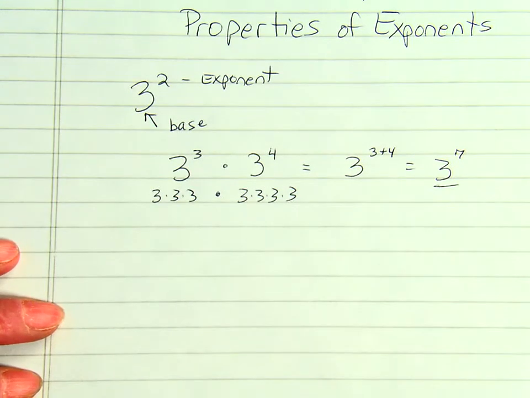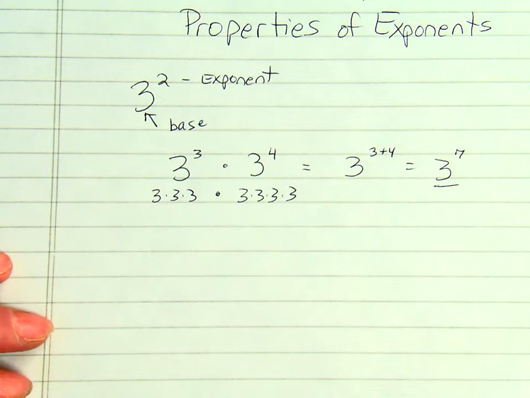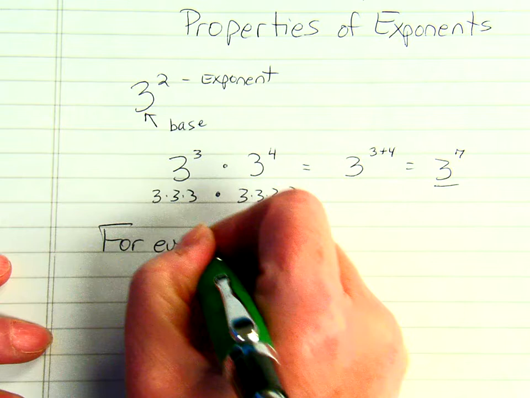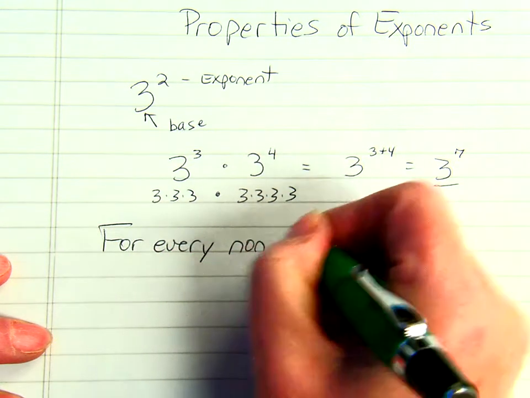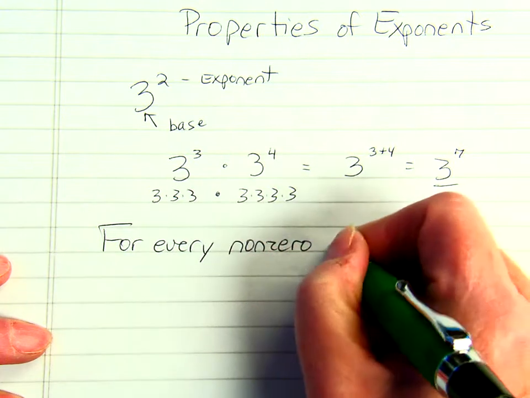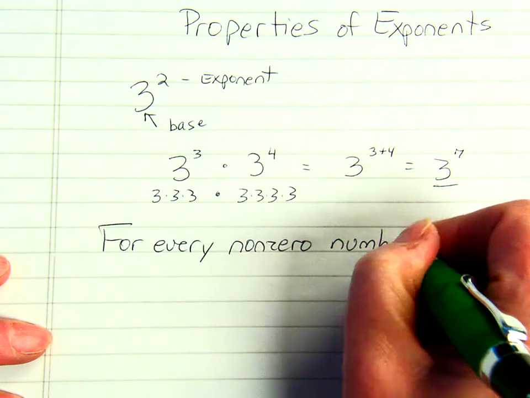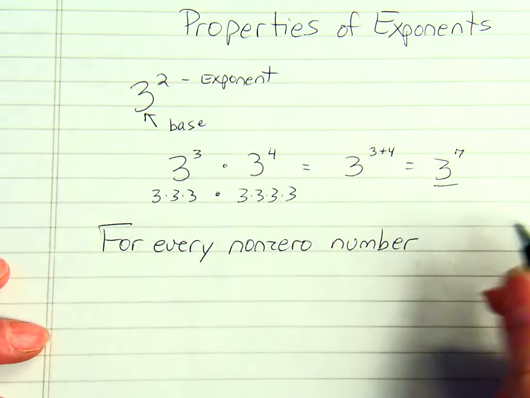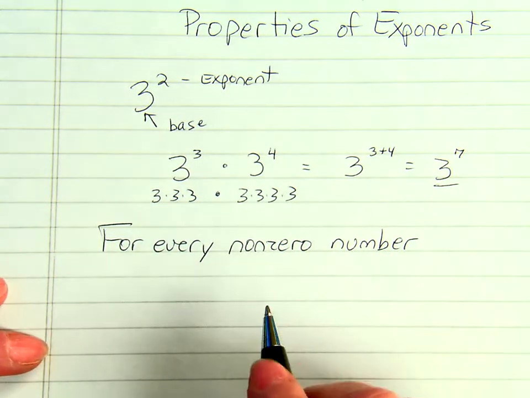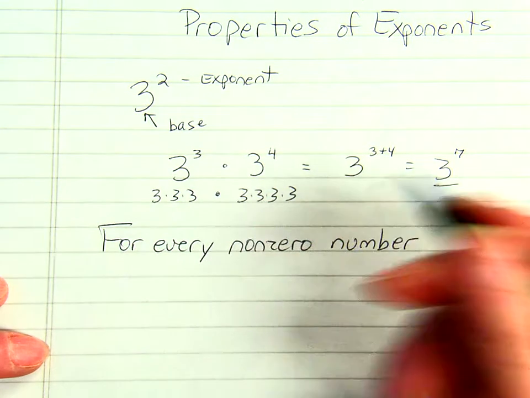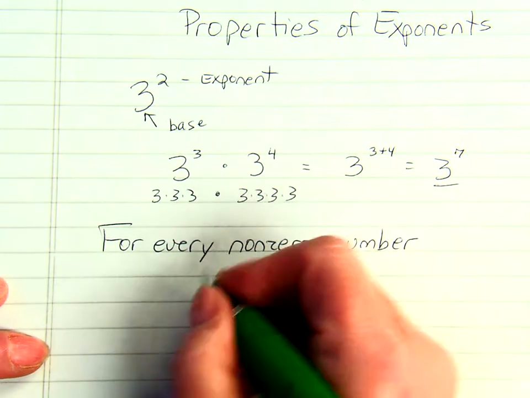Okay, so our rule then is that for every non-zero number, let's go with some variables.